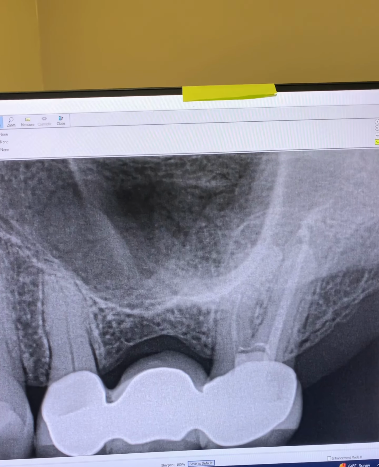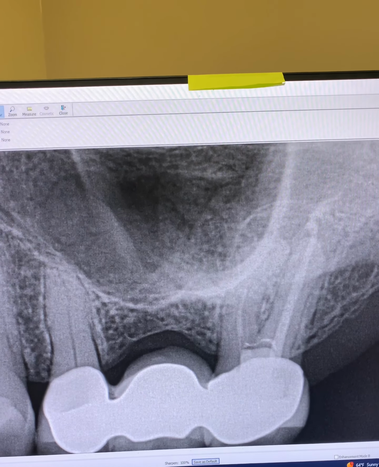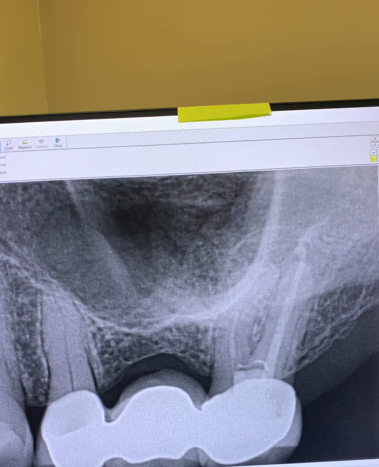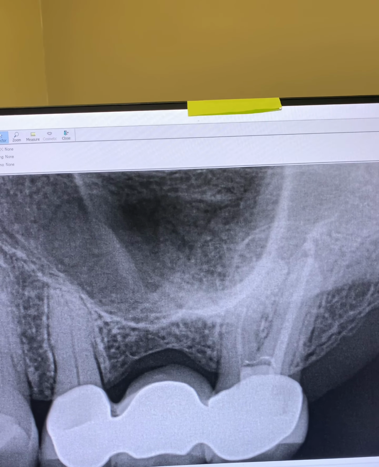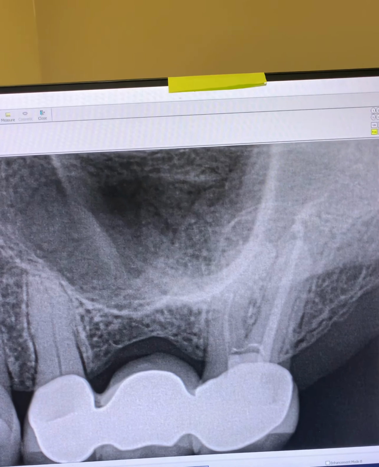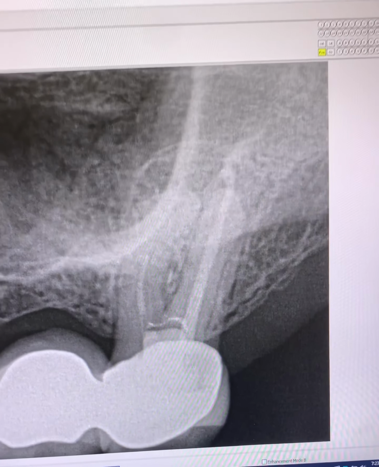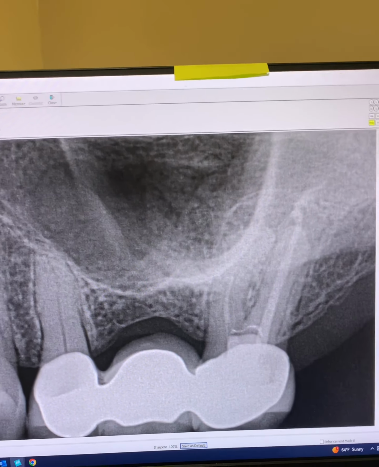Well, fast forward 3 years later, a couple of weeks ago, tooth starts to hurt, and patient goes back to her dentist, and her dentist says, well, your tooth is abscessed and the root canal needs to be redone or extract the tooth.